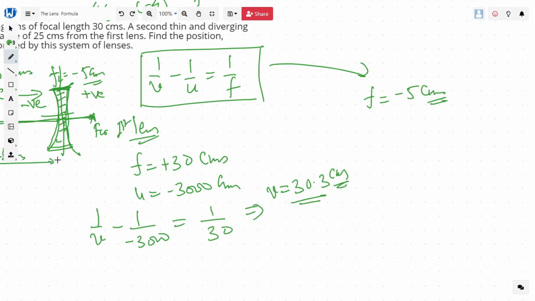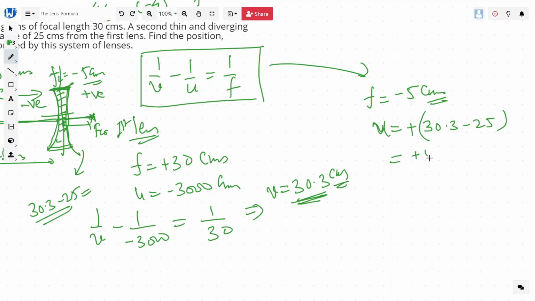And how much? So it is on totally 30.3 centimeter on this side, minus 25, right? So this distance is equal to 30.3 minus 25. Okay, so this U this time is positive, which is 30.3 minus 25, and this is going to be plus 5.3 centimeters.